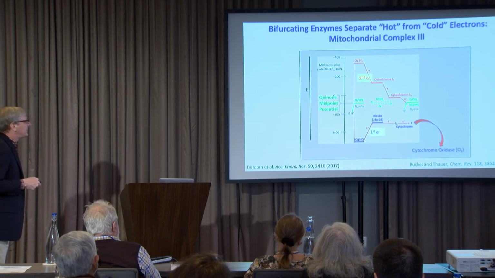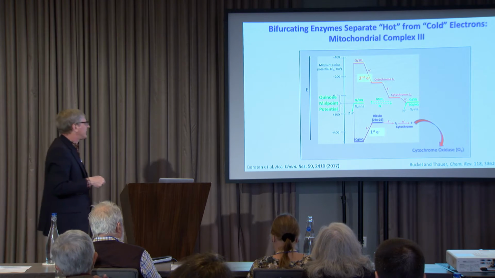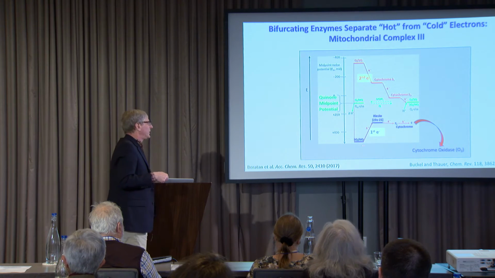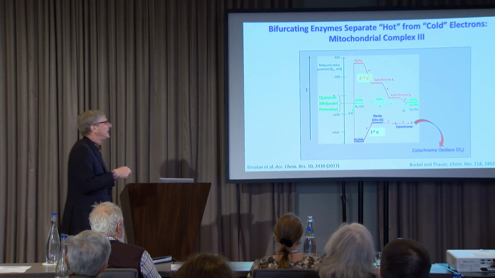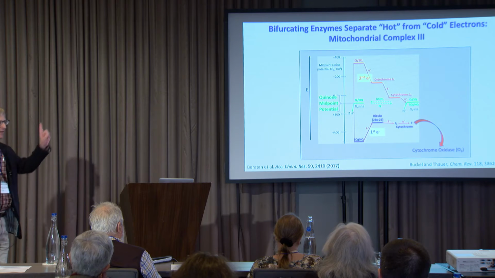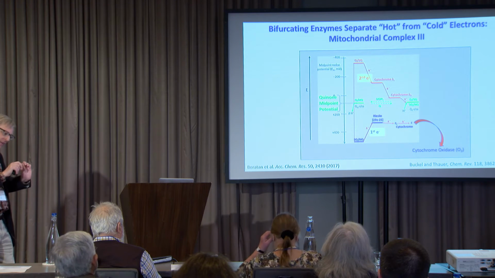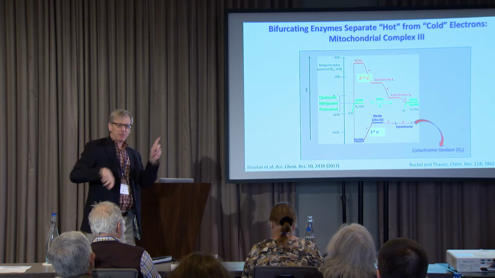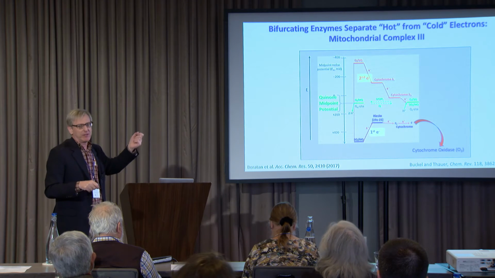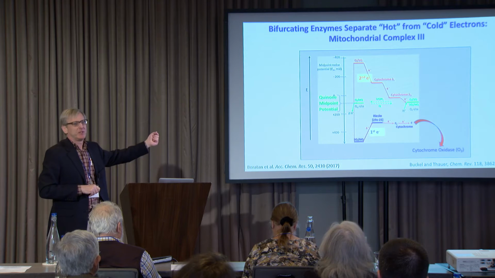And so these bifurcating electron transfer systems have figured out a way to distinguish between high and low energy electrons and send them out so that the energy that I'm starting with, the doubly reduced state, can be parsed out to create a moderately reducing state and a strongly reducing state.